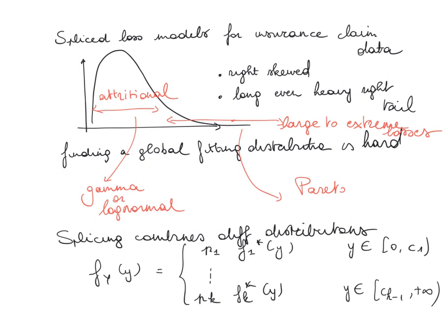So the whole trick is that we put k different distributions together, where each of those star-denoted PDFs is taking all its probability mass on a certain interval. And then we give each of those PDFs a certain weight, and we make sure that all together they define a valid PDF on the interval from 0 to plus infinity.